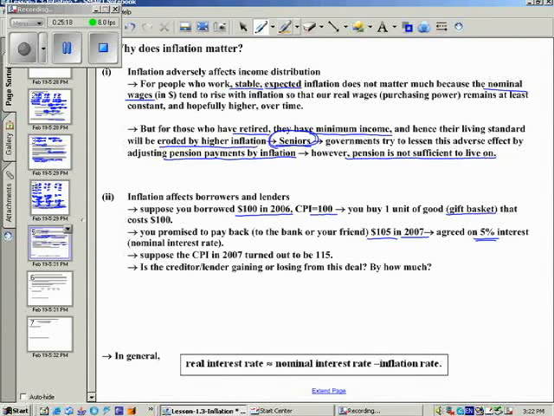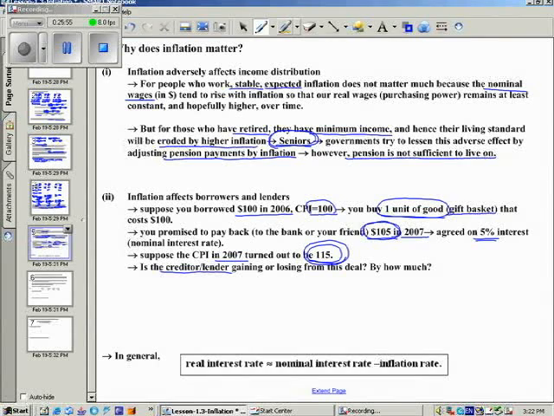We do not know until we find out in the year 2007 what the actual inflation rate turns out to be. What will the actual consumer price index turn out to be? Suppose it turns out to be 115. In this case, does the lender, your friend or your bank, gain or lose? Well, the $100 that you borrowed before bought you one gift basket. That's the purchasing power of the $100. Now your friend is going to get back only 105.